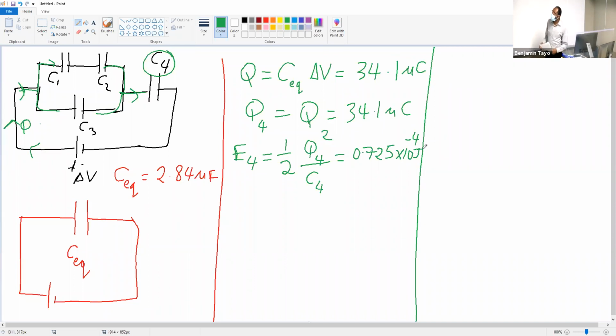Now again, remember that when you take Q4 squared, you need to take 34.1 and multiply by 10 to the negative 6 first before you substitute.